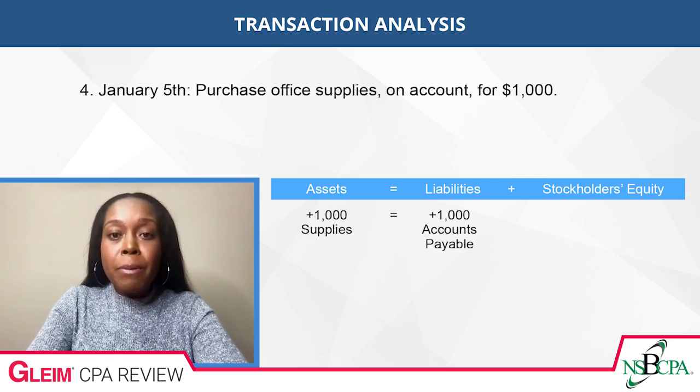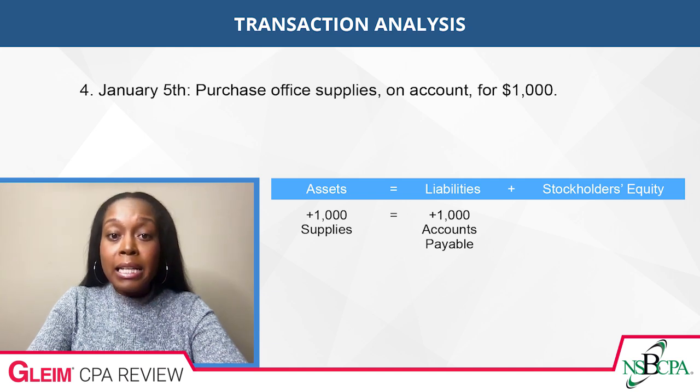In number 4, we purchase office supplies. Think of paper, ink toner, file folders, those sorts of things. We have a local supplier who lets us put these purchases on account. This means we do not have to pay for the supplies at the time we purchase them. So there is no cash in this transaction.